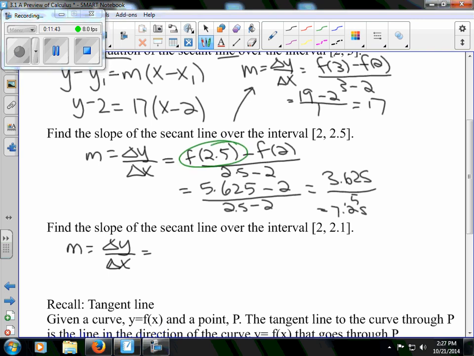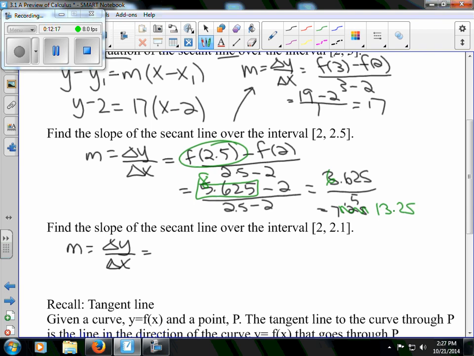Right here, when I calculated f of 2.5, this should be not 5.625, but 8.625. 8.625 minus 2 should be 6.625. We're going to divide that by a half. I get 13.